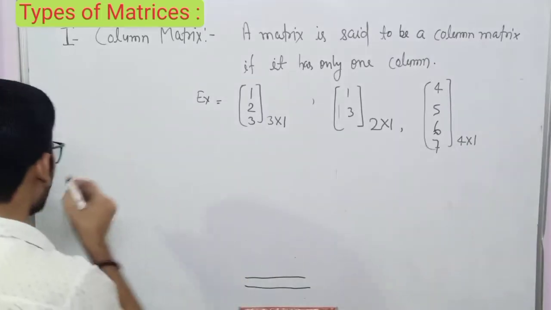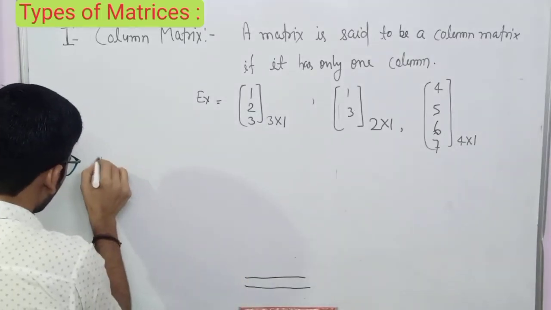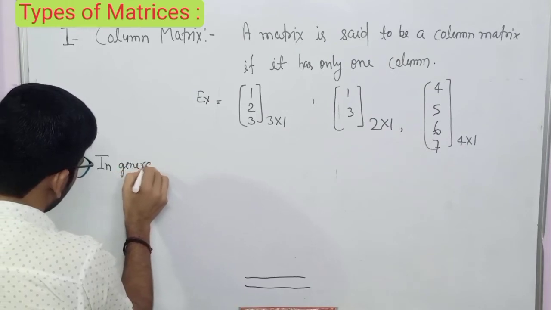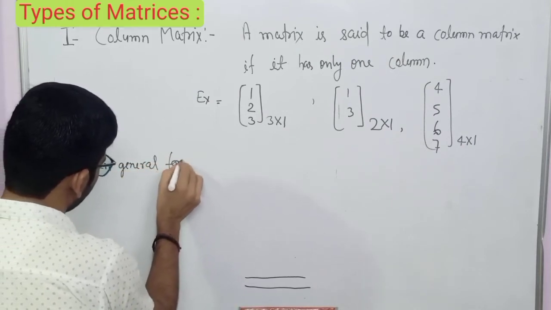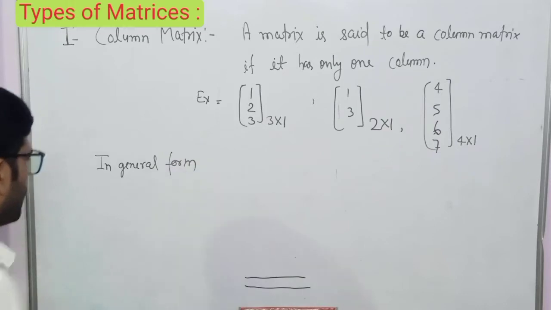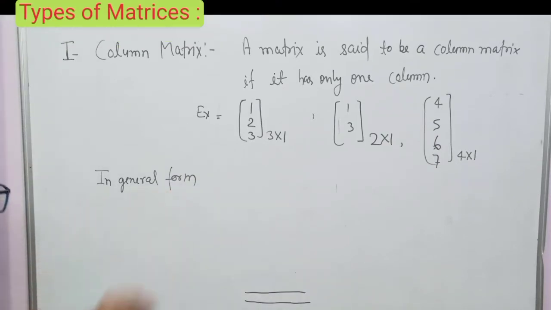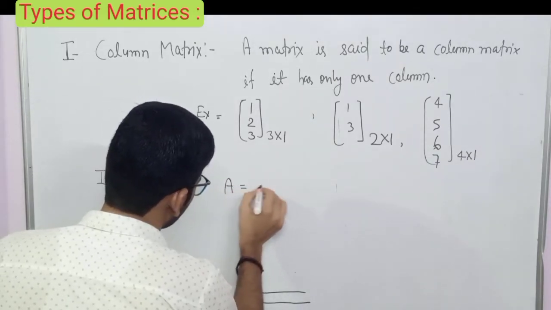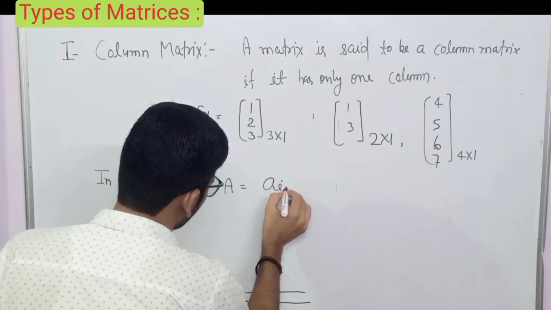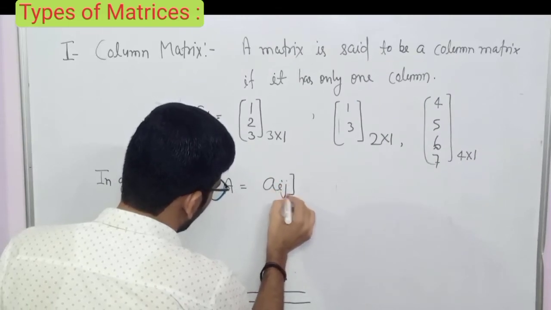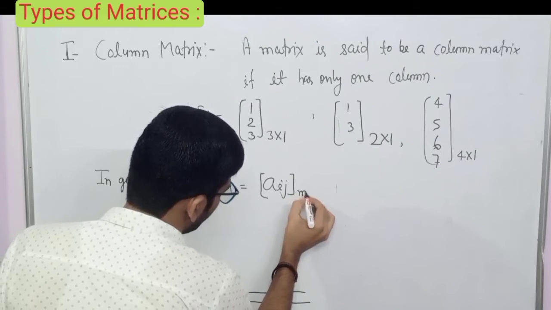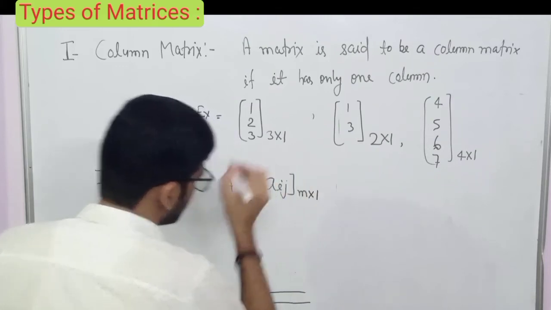So if you want to write in general form of a column matrix, how can you write? A equal to a_ij, and what is the order? It is M cross 1.